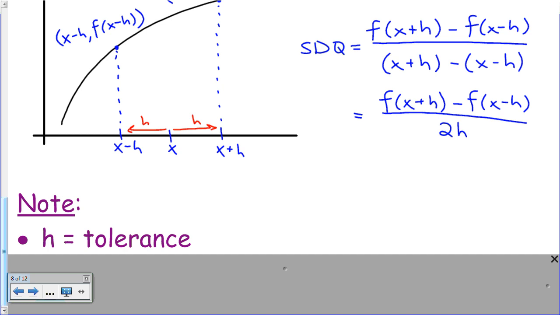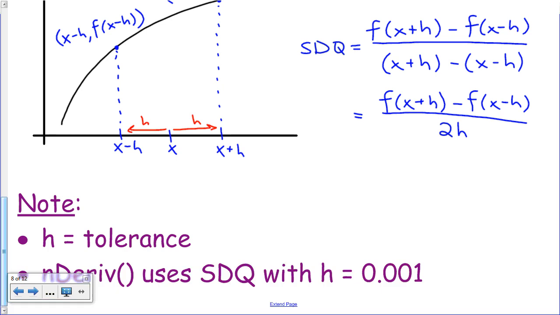All right, and the last thing, to relate it to what you saw in the first half of this section, we talked about this numerical derivative function called n-deriv. N-deriv is actually just a symmetric difference quotient with a default tolerance of 0.001. Now, of course, you can change that tolerance.